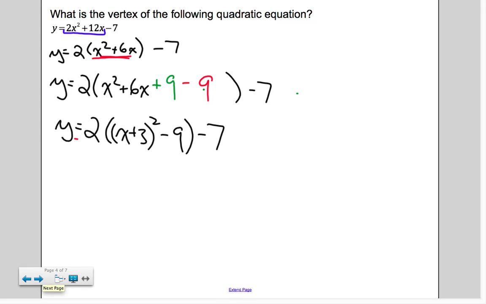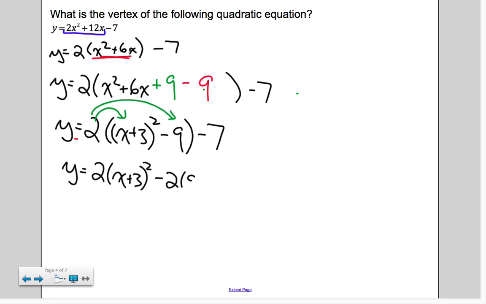That looks kind of weird. This is where our exercise in simplifying comes in. We want to take the 2 and distribute it to this and that. So now we have y is equal to 2 times x plus 3 quantity squared minus 2 times 9 minus 7.